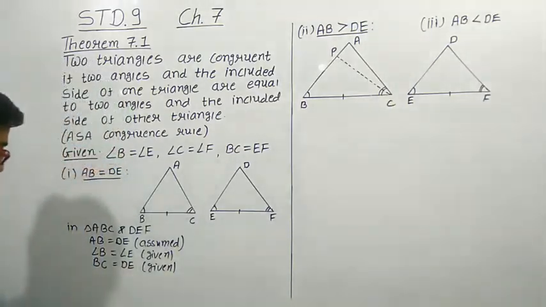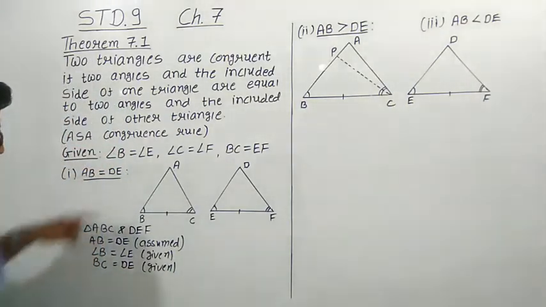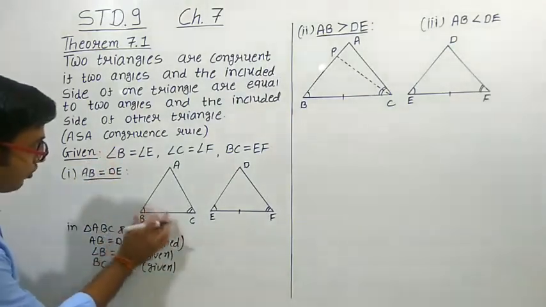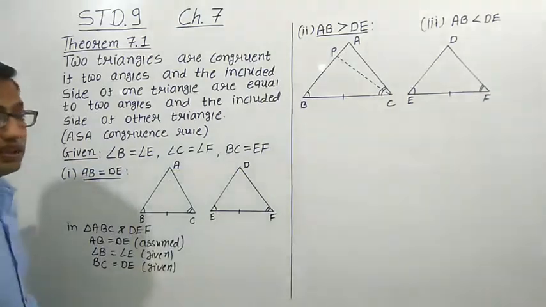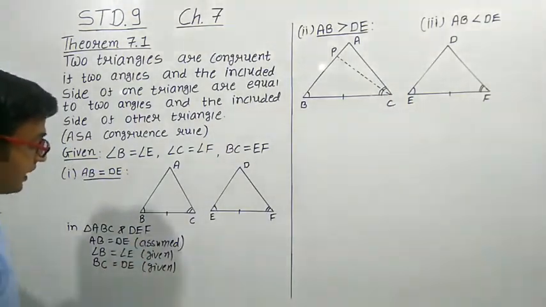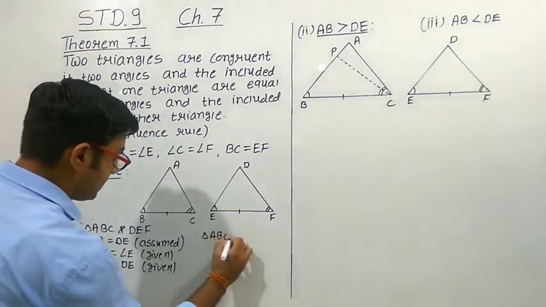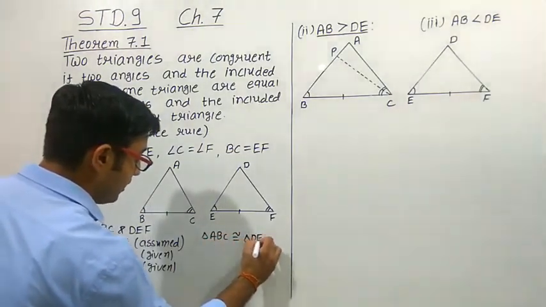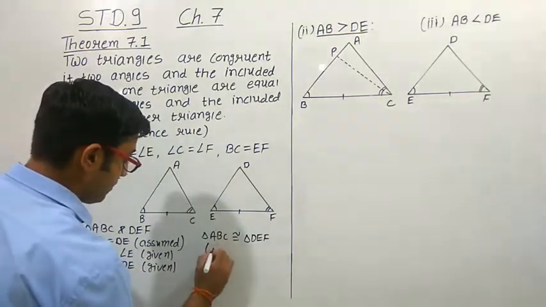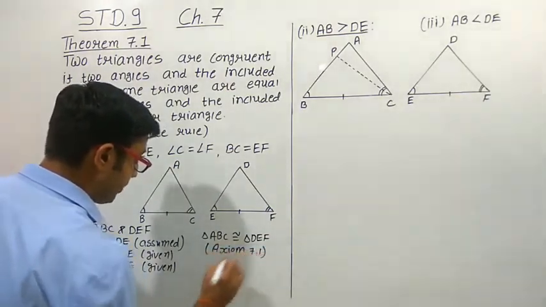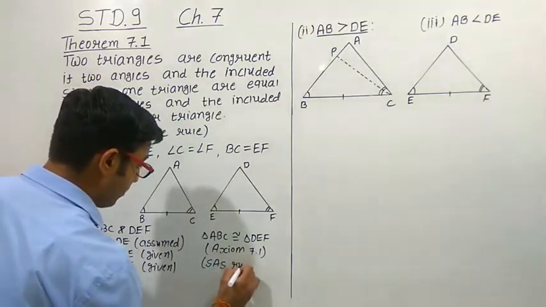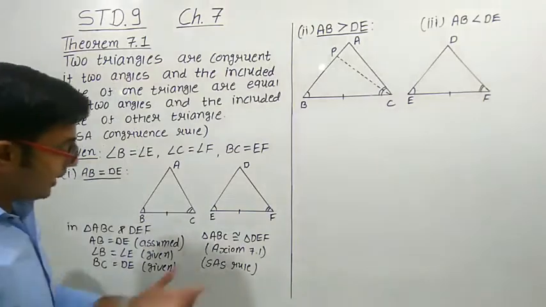So see here, it is clear that in these two triangles ABC and DEF, one side AB is equal to side DE, the second side BC is equal to EF, and the included angle B of these two sides is equal to the included angle E. So from these three conditions we can say that triangle ABC is congruent to triangle DEF by axiom 7.1, that is, by the side angle side rule. So these two triangles become congruent.